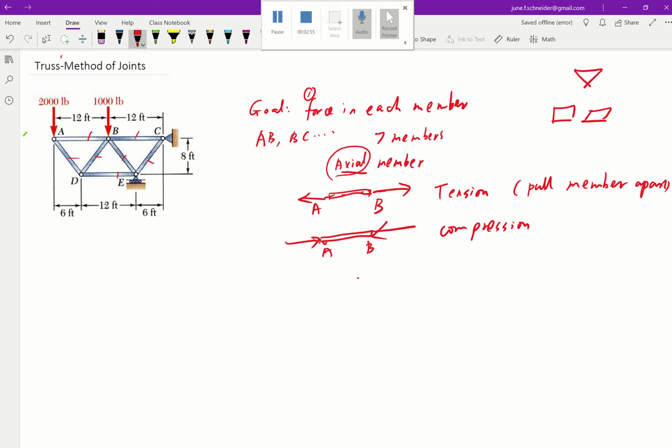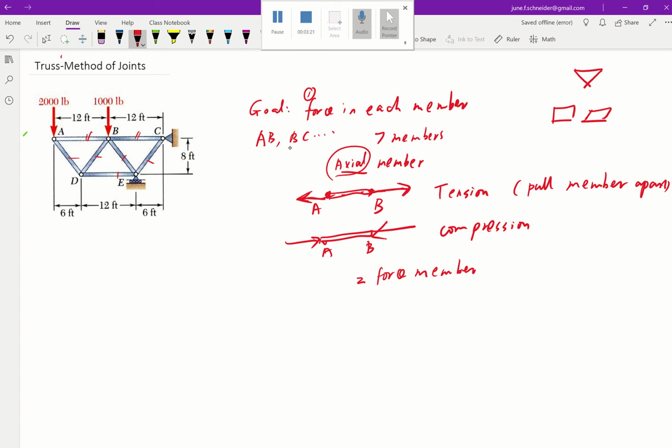If you look at it, essentially each member is a two-force member because there are 2 forces, one at each location. And due to being a two-force member, the forces are equal but opposite and collinear, which means they act along the line connecting A to B. So this applies to the other members.